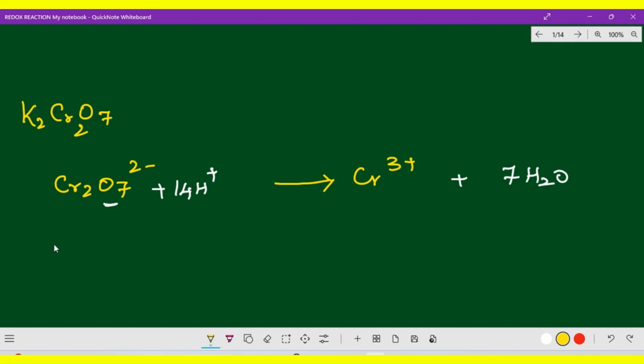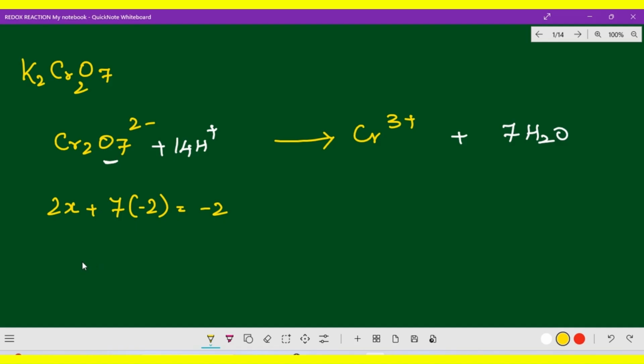So 2X plus 7 into minus 2 equal to minus 2, since oxygen is minus 2. Now here, 2X plus minus 14 equal to minus 2.